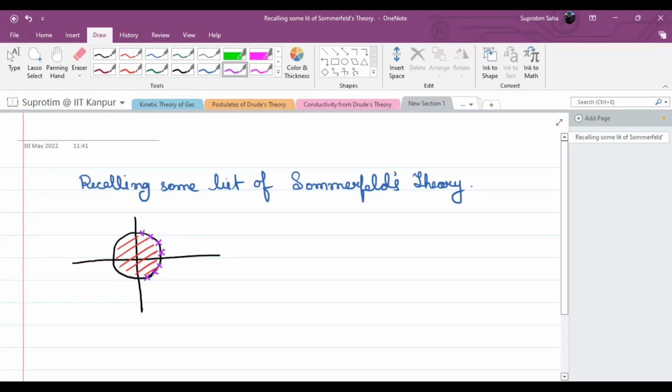And they are scattered within the sphere. This was occupied states, and these are your vacant states.